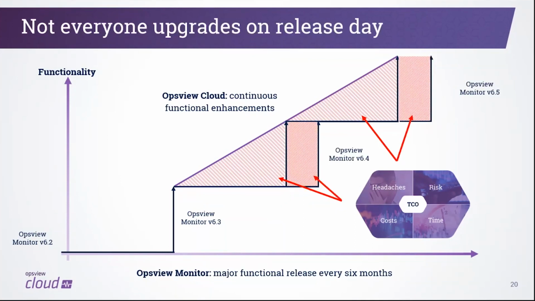Should we upgrade to Cloud now, or should we do it in 6 months' time, or should we wait for Monitor 6.4 or 6.5? Actually, hopefully this reinforces that every day you could be getting access to new functionality, you could be reducing your security risks, you could be making some savings on hardware and power. I thought that was an interesting one that Brent mentioned as well. We have one customer who calculated several $1,000s they were spending on power for the hardware that they were running their monitoring system on, for example.